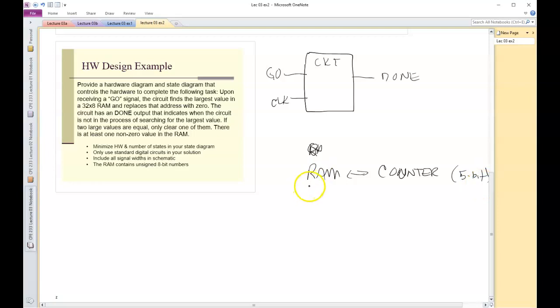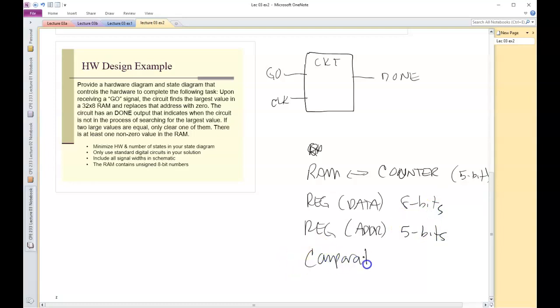I also need a register for a data register, so that's going to be 8 bits. I need a register for an address. That register is storing the address, which is going to be 5 bits. And I need a comparator. Essentially it's an 8-bit comparator, so we'll put that down.